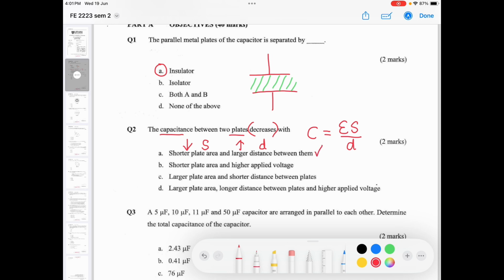Okay, shorter plate area and higher applied voltage. Okay, the capacitance doesn't relate to the voltage. Larger plate area, shorter distance between plates.